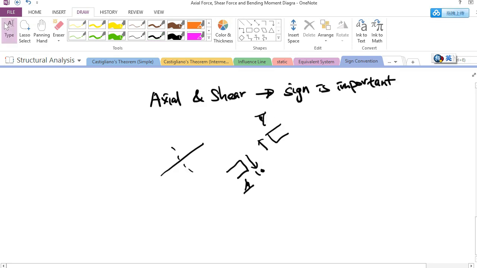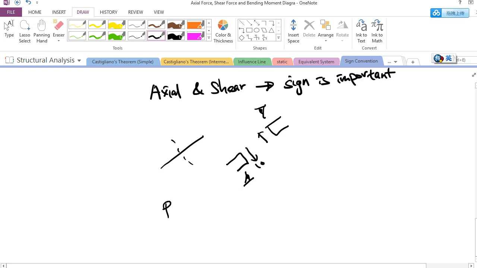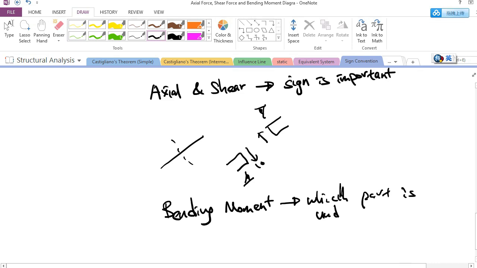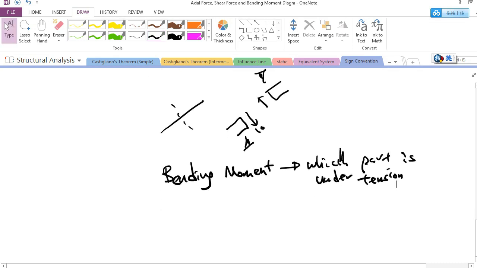But for bending moment, what is really important is which part is under tension, for a particular cross section of the beam. For example, let's say at this point the bottom is under tension, so I will know that the bending moment is something like this.